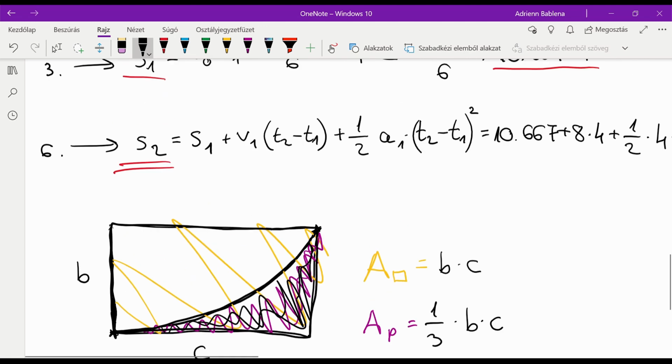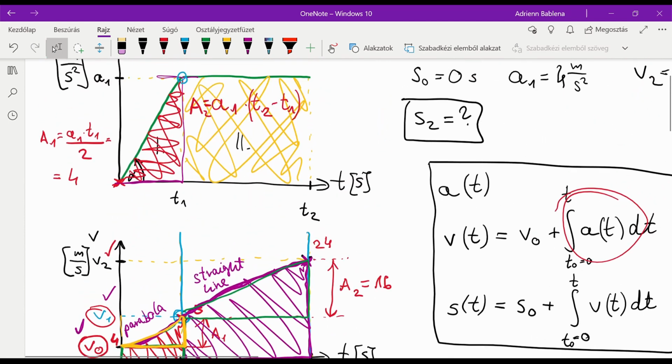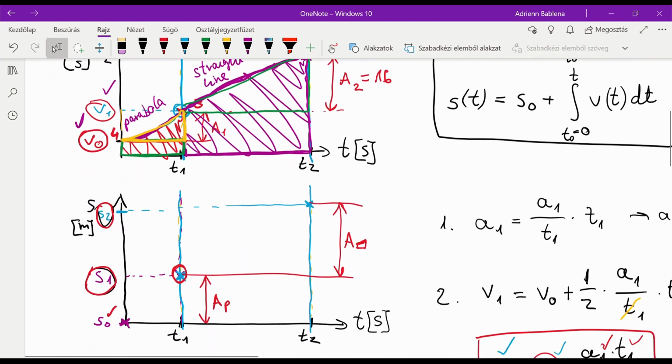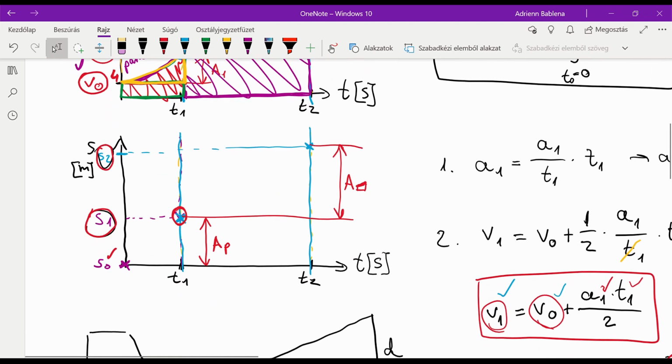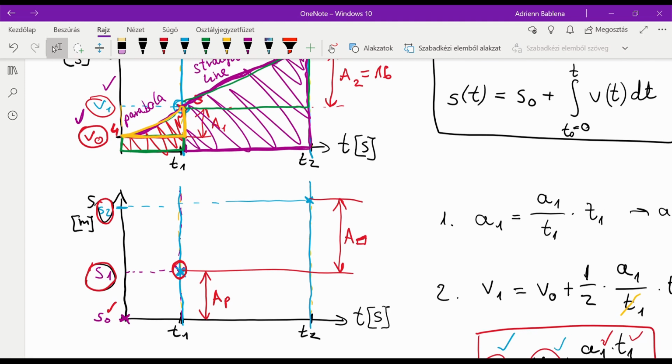Okay, so you can calculate these area values, and then you can get the distances between the key points. After that, you can draw the shape of the diagrams.